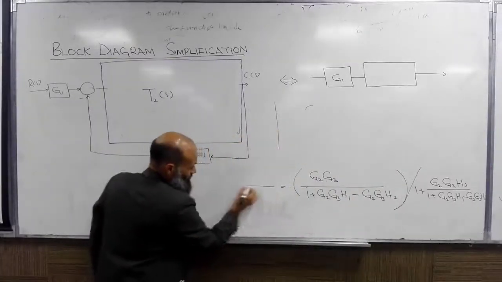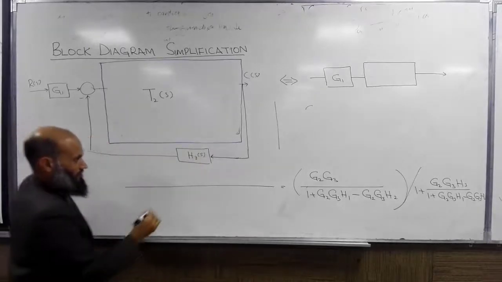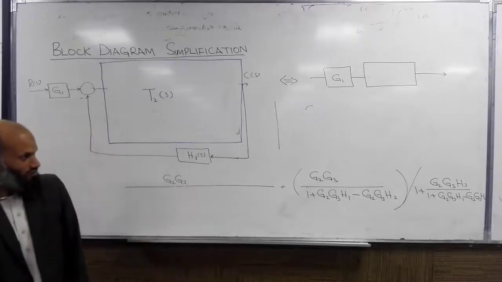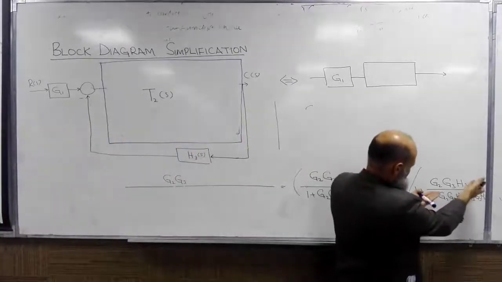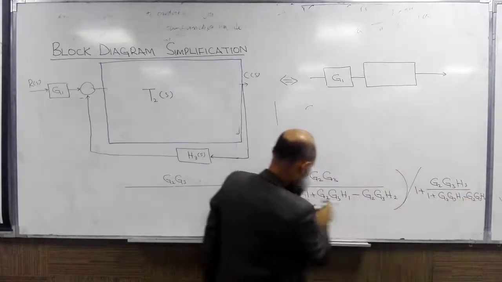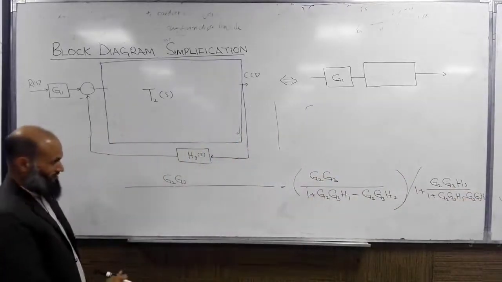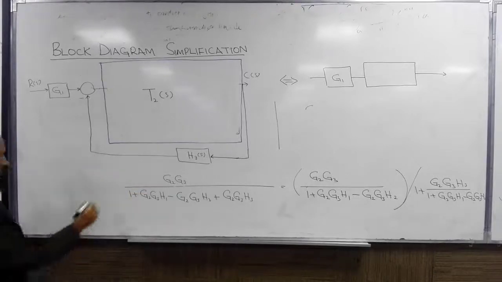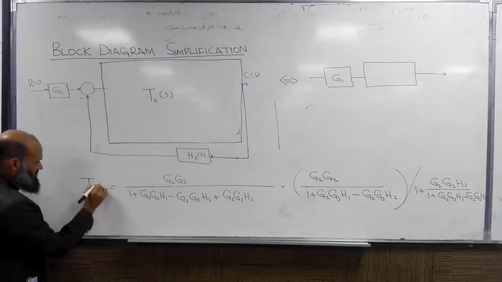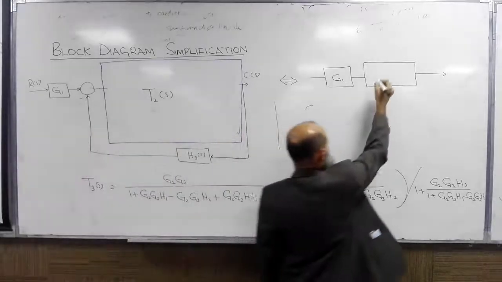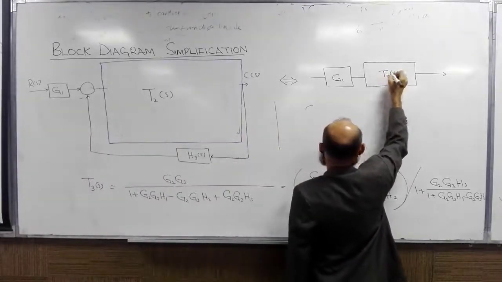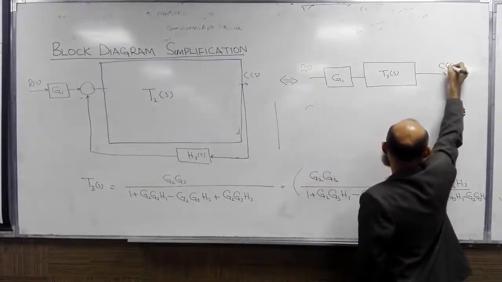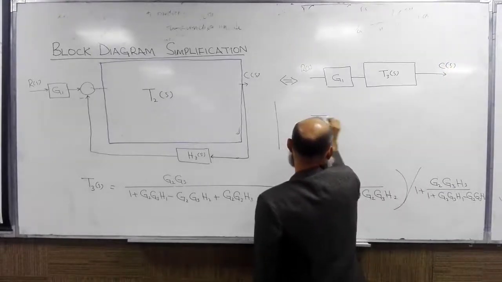which is equal to G2, G3, and if I take this term common from both the expressions, numerator and denominator, so 1 plus, so this is T3 of S. And what is the final transfer function?